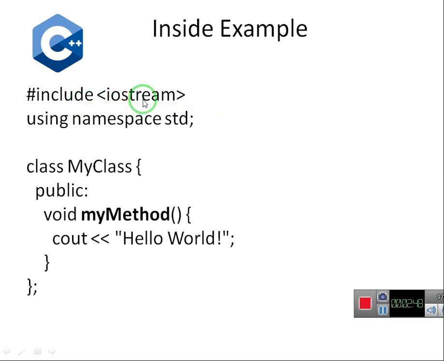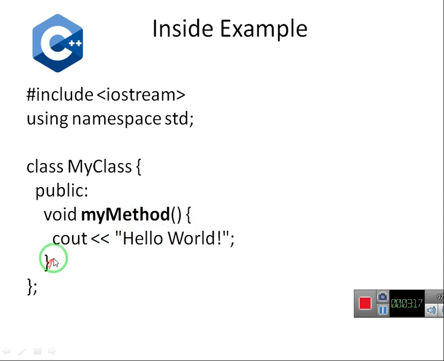This is hash include iostream, using namespace std, class. This is the class name, MyClass. This is public. What is public? Access specifier. Okay, and this is void, which is a data type that takes null. This is my method. Instead of writing my function, we write here my method, and here are small parentheses. What we want from our method is to print hello world.